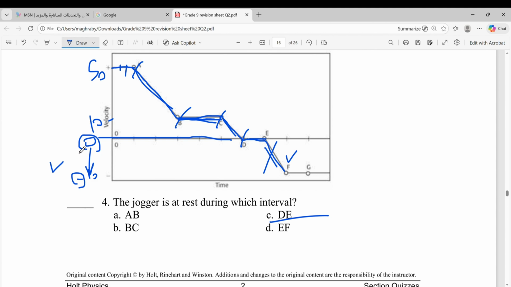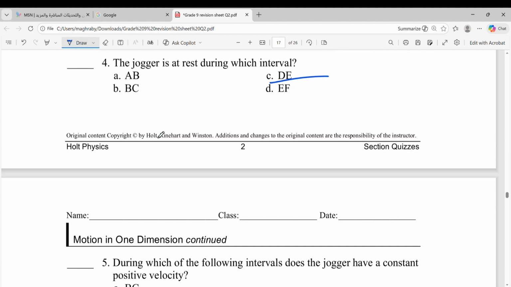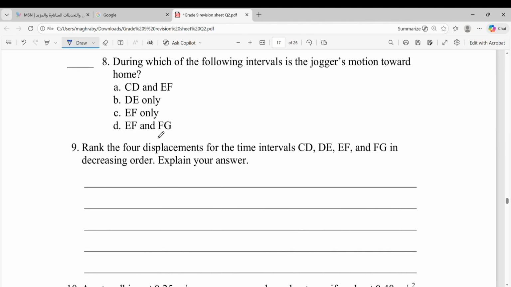The home was at 0, or it starts its motion at 0. So where is the home? We can say from B to A, not A to B, from B to A, or from C to B. This is number 8.